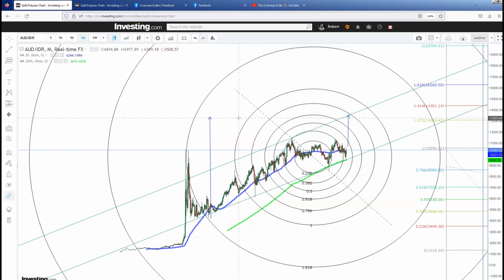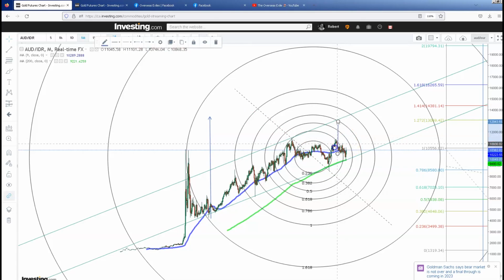Now, it looks like there's going to be some kind of finishing pattern here in the Indonesian versus the Australian. And what we have here is an inverse head and shoulders. So this is a shoulder, this is a head, this is a shoulder, okay? And the measurement of that, these are patterns you can look up if you like.